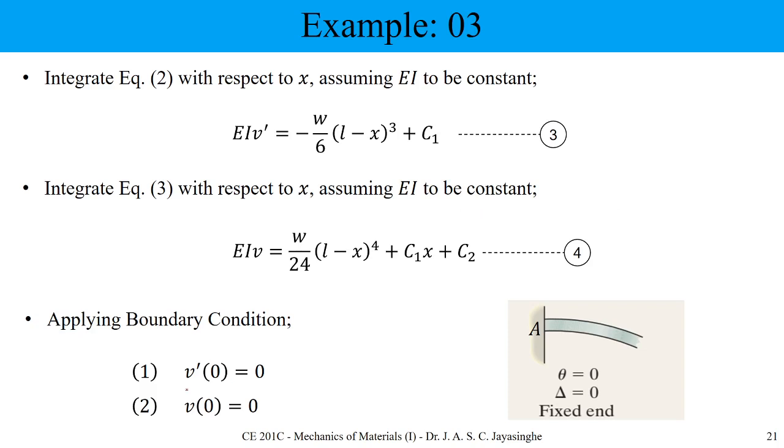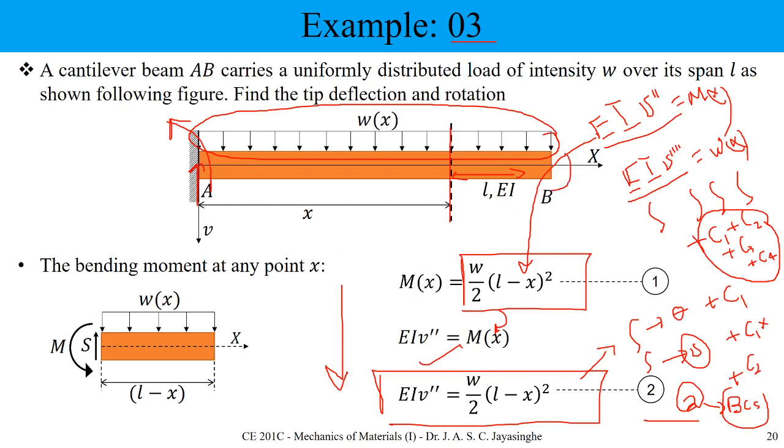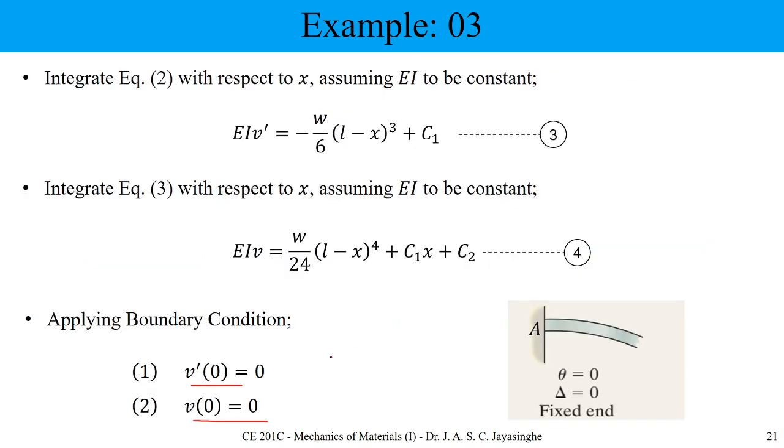So what are these 4 boundary conditions? Of course we have 2 here. The other 2 you can obtain from here. From the free end, the free end boundary conditions: bending moment M at L is equal to 0, and shear force at L is equal to 0.